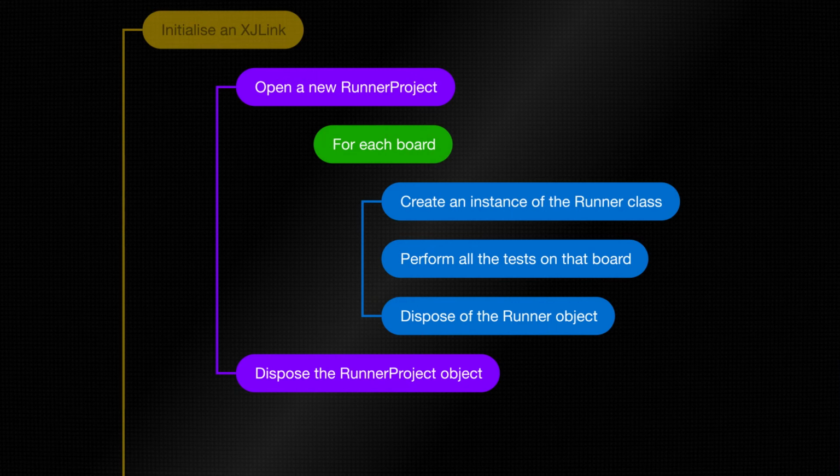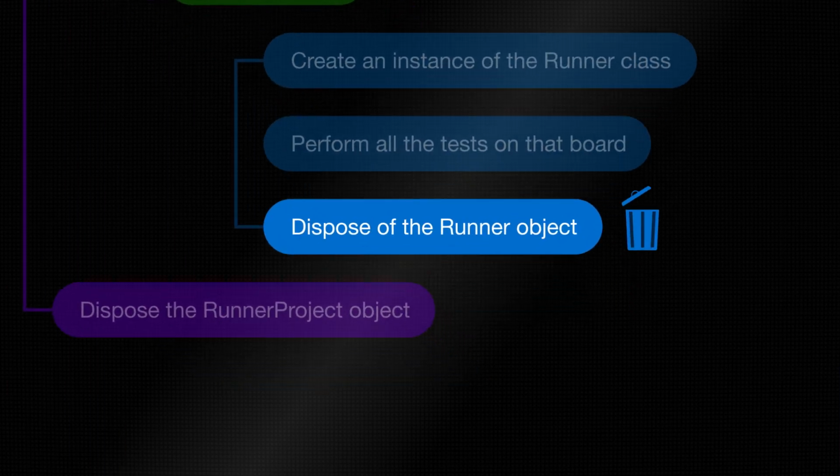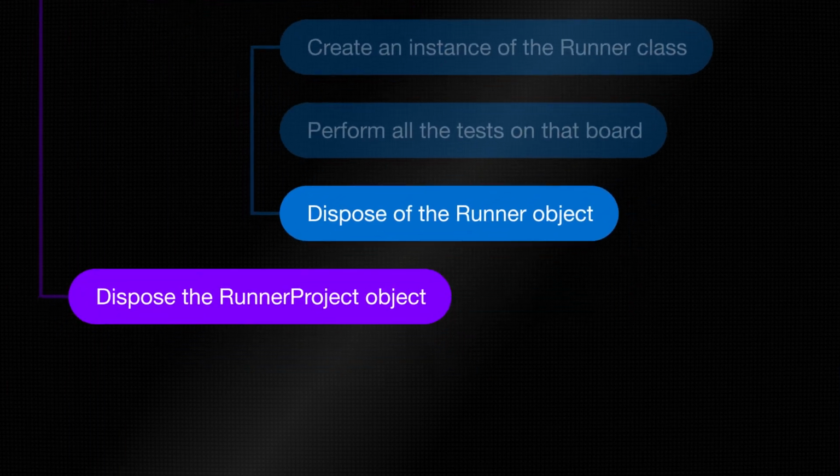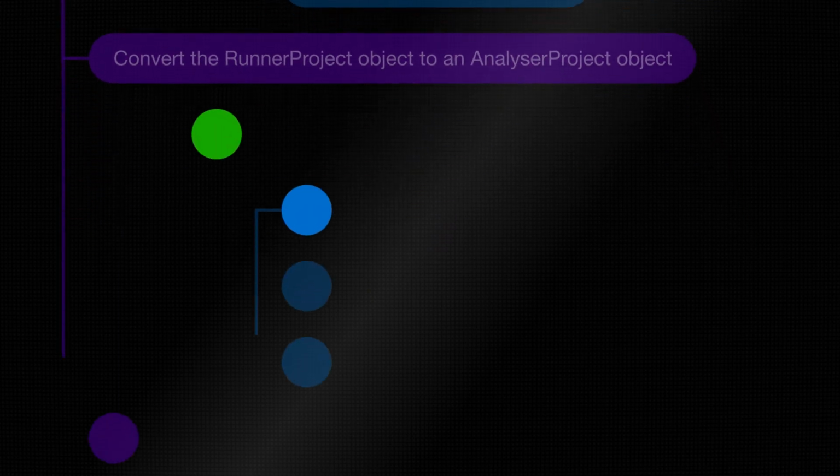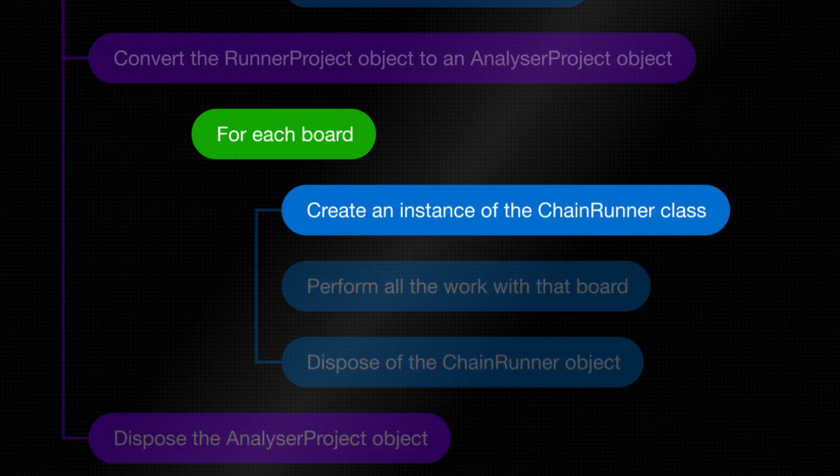So, to switch from using XJ Runner integration to using XJ Analyzer integration, dispose the Runner object as before, but this time, rather than disposing the project, convert it to an Analyzer project. Now you can go ahead and create a Chain Runner object and start using XJ Analyzer integration.